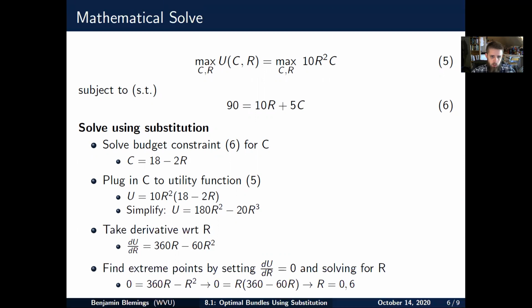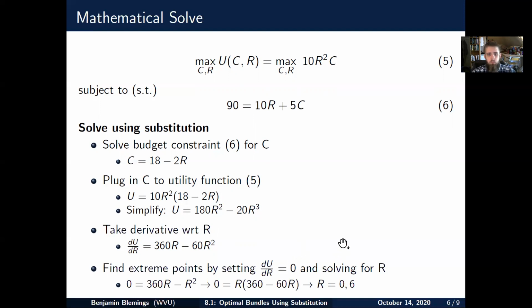I factored r out, and I got r times 360 minus 60r equals 0. If you solve this, you get r is either 0 or 6. So you know that these are the extreme points of the function, and that at least one of them will be a utility maximizing bundle.